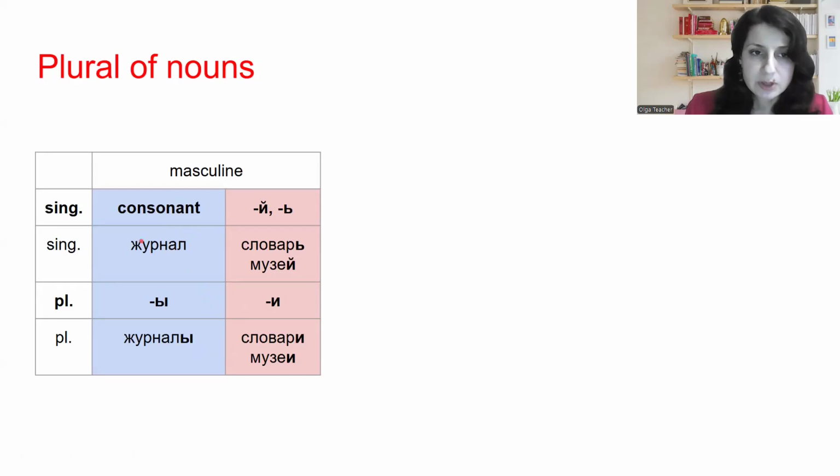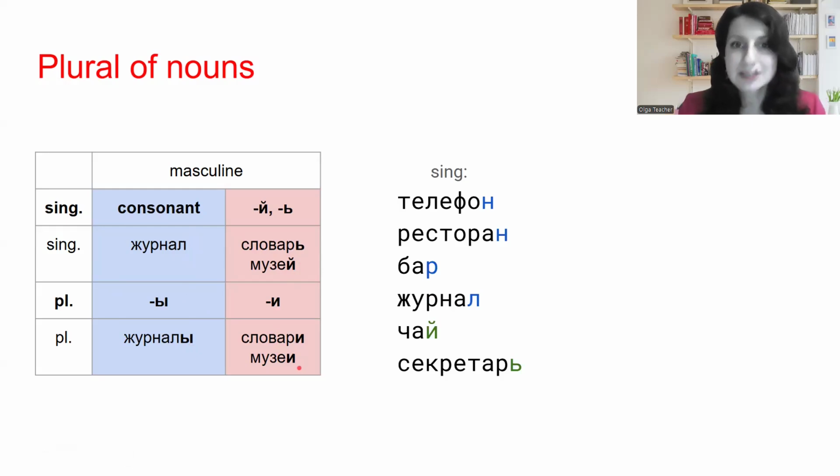So you see, here we have a hard ending, just a consonant in the end, and we add ы after the consonant. And here we change the soft sign or й to и. Словари, музеи.